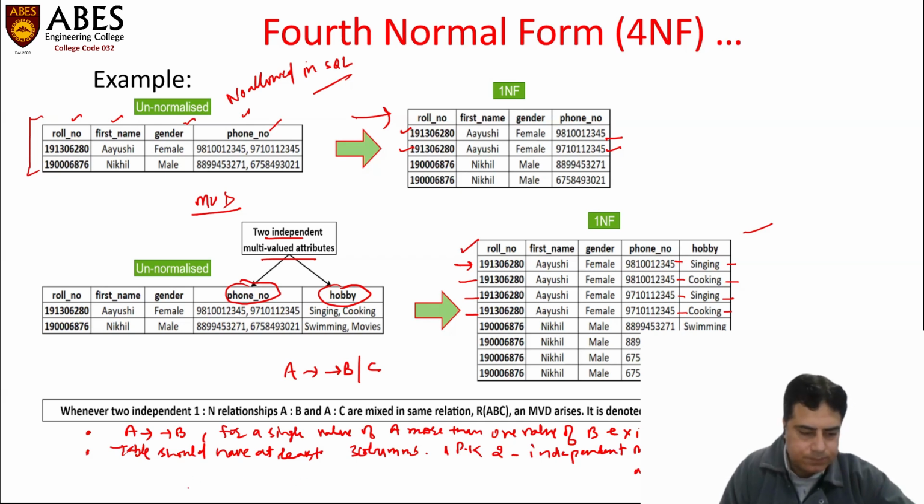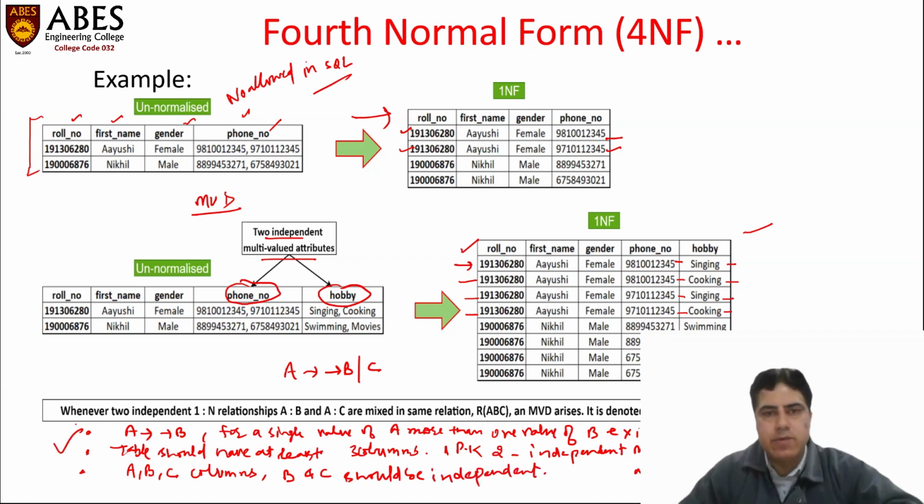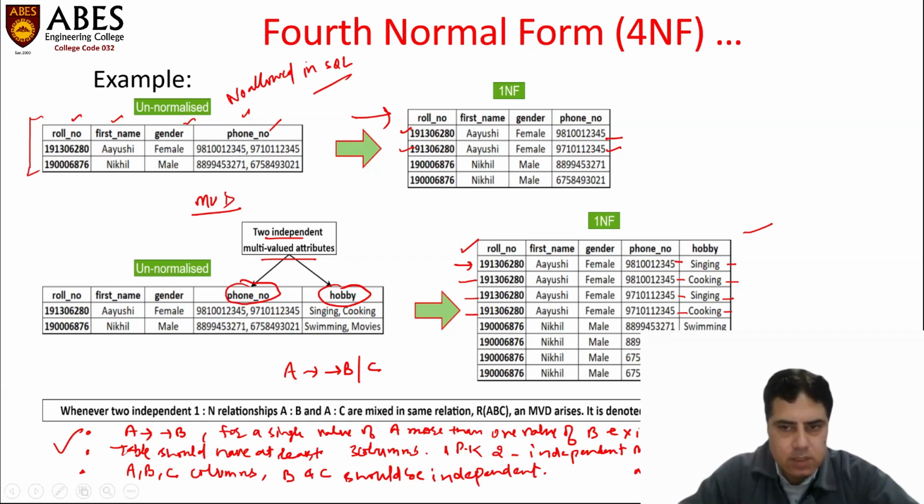Third, for this table with columns A, B, C, B and C should be independent. So these are the conditions for multi-valued functional dependency.